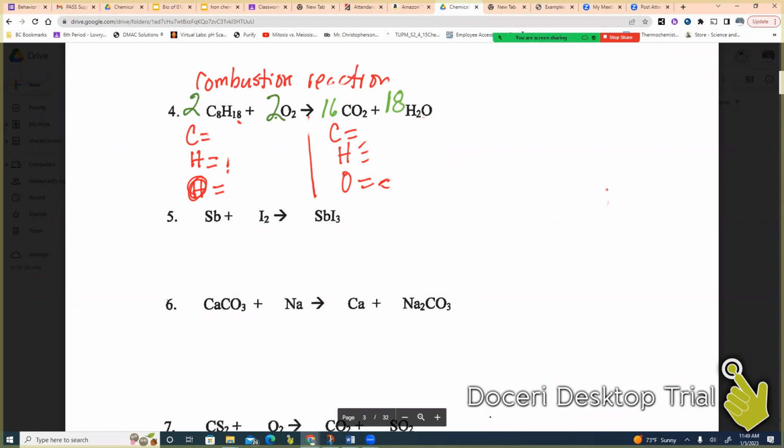So now let's see what we got. We got 2. 18 times 2 is going to give me, for my hydrogen, 36. 2 times 2, 4 oxygen. We really have to worry about carbon. This isn't right. This should have not been 2. This should have been what, y'all?